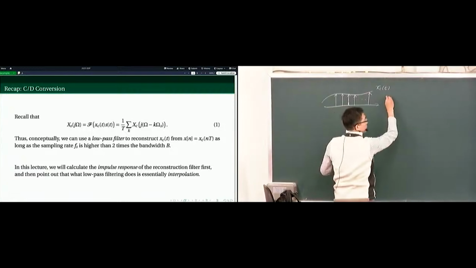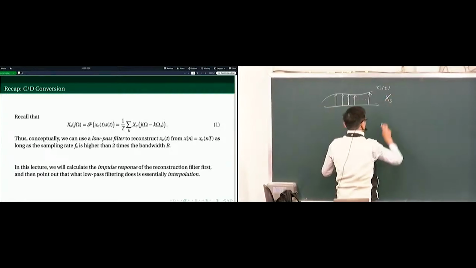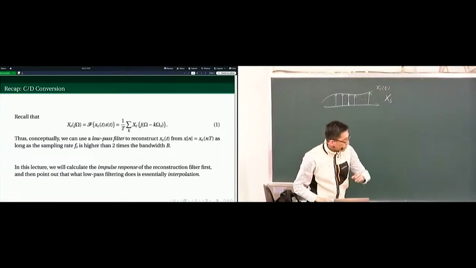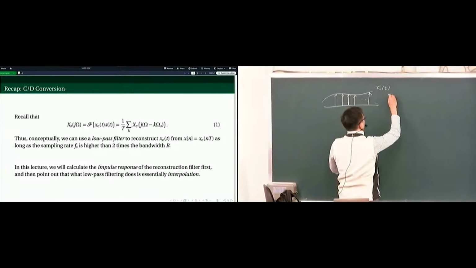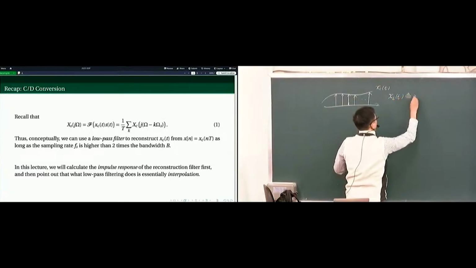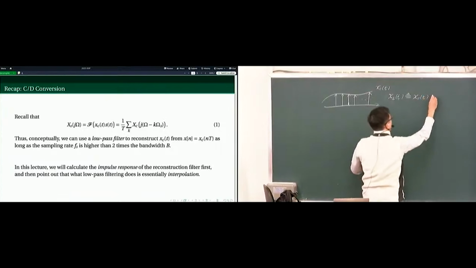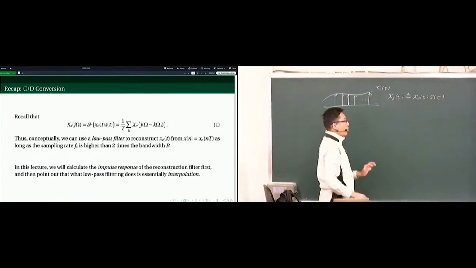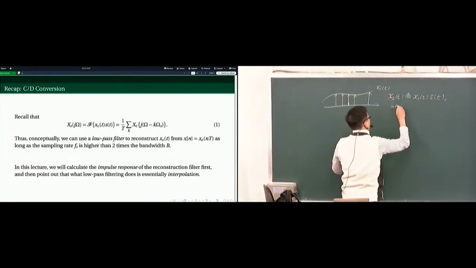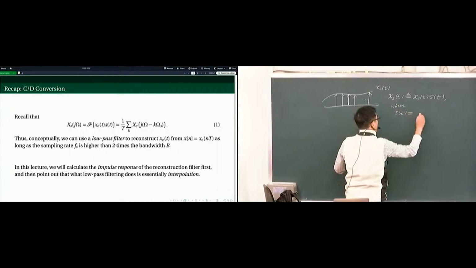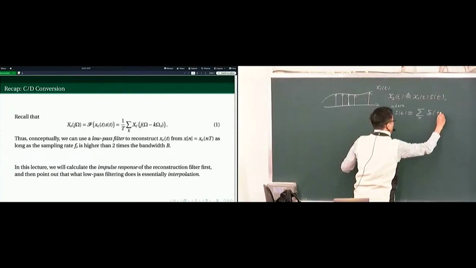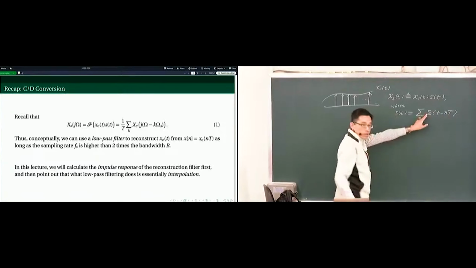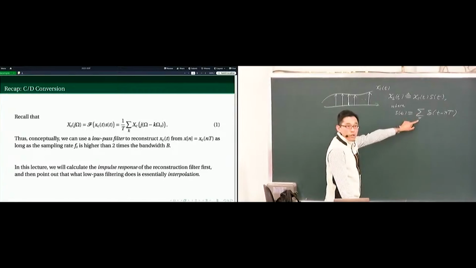And we call the result after sampling, rename it x sub s of t, and it's defined as the signal of our interest, x of t, times something we called s of t, where s of t is just an infinite sequence of delta functions with the same height 1, summation over all integer n.